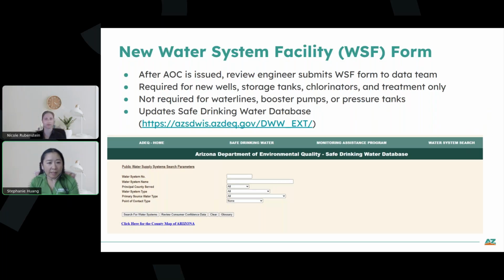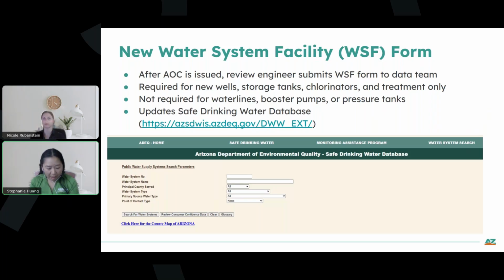This WSF form is not required for water lines, booster pumps, or pressure tanks. The data team would update the Safe Drinking Water database on this website, and this is a screenshot.